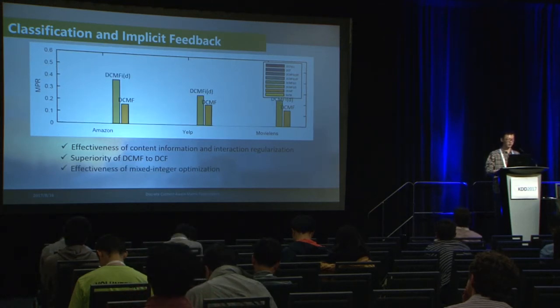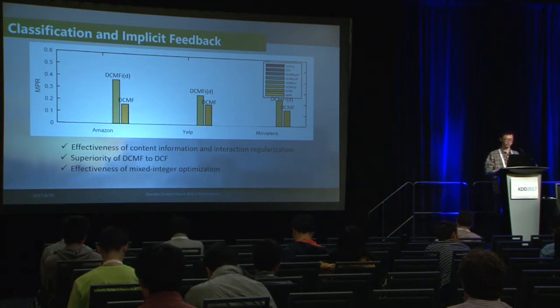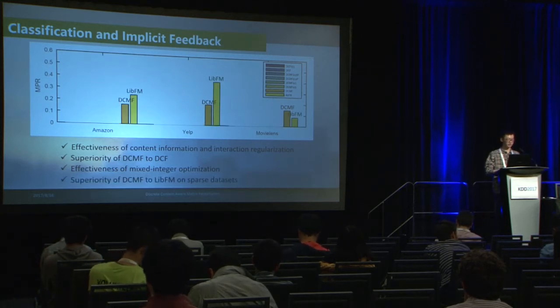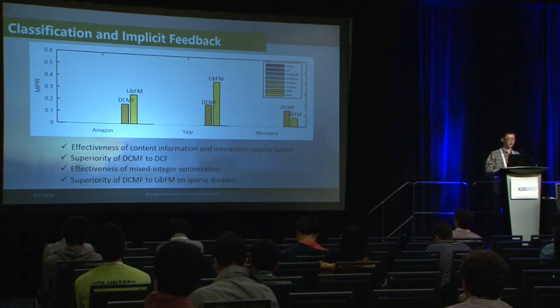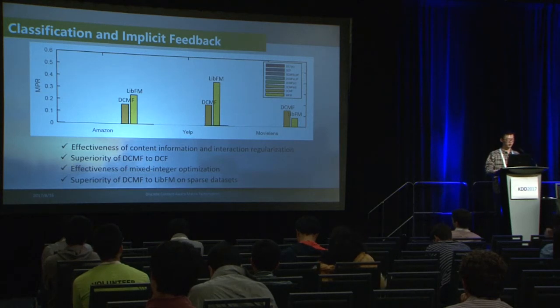And third, again, by comparing the initialization of DCMF with binary codes against DCMF, we show the effectiveness of the mixed integer optimization algorithm. At last, by comparing DCMF with libFM, we show on the first two sparse datasets, Amazon and Yelp, the superiority of DCMF to libFM.